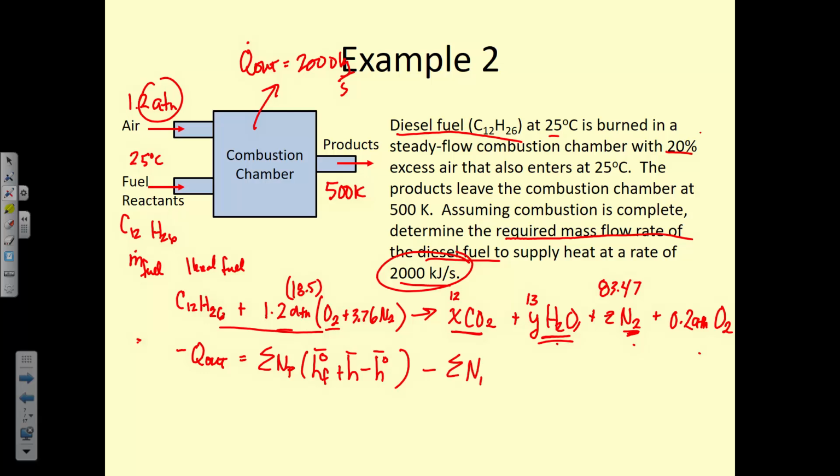And then the number of reactants, enthalpy of formation, plus the enthalpy minus the enthalpy at the reference state for each of our reactants. So the reactants are on this side of the equation, the products are on this side of the equation.